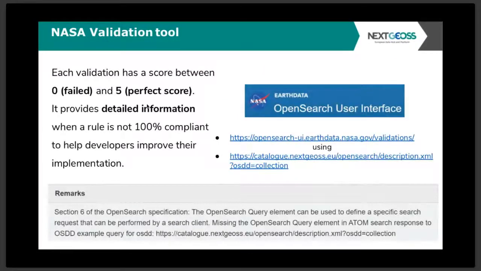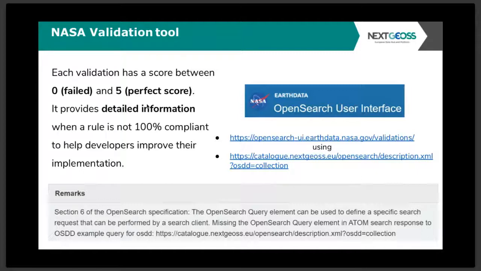It's interesting that each validation has a score between 0, which is failed, and 5, which is a perfect score. And it provides detailed information when a rule is not 100% compliant. So you can go and see what you did wrong and how you can improve your description documents in order to provide to the users the exact information that they need.